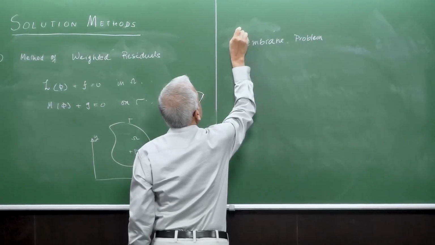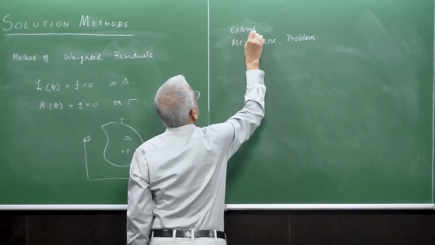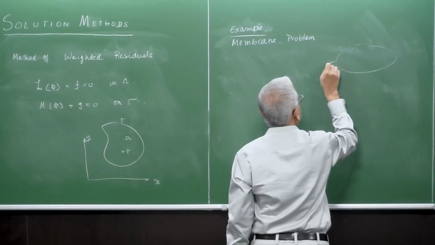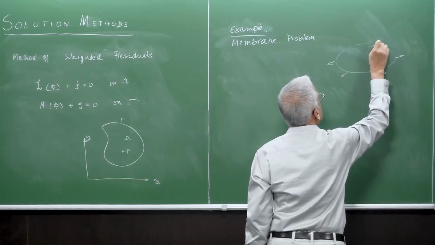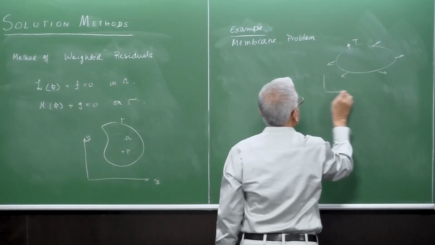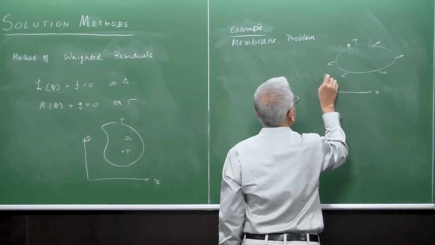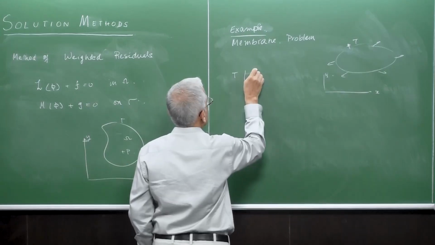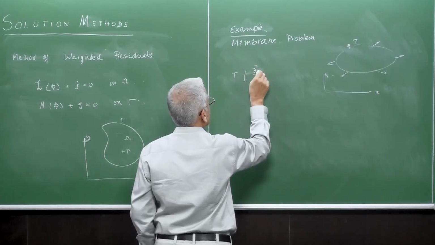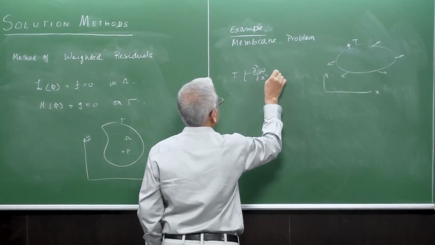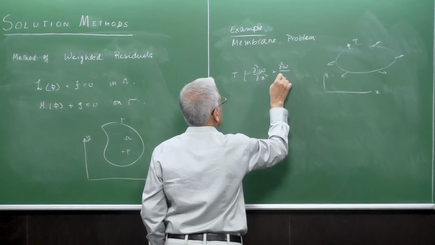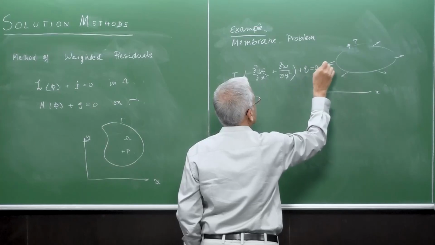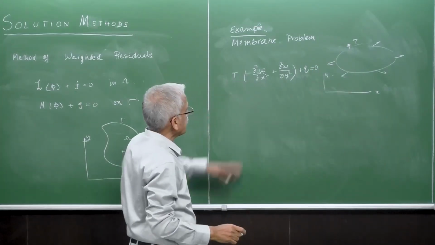As an example, we saw yesterday that if you have a membrane, just like a taut string, we had T times d square W by dx square plus Q equals 0. This is what we said, where W was the deflection.